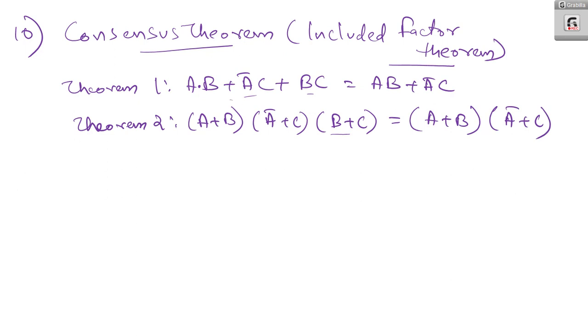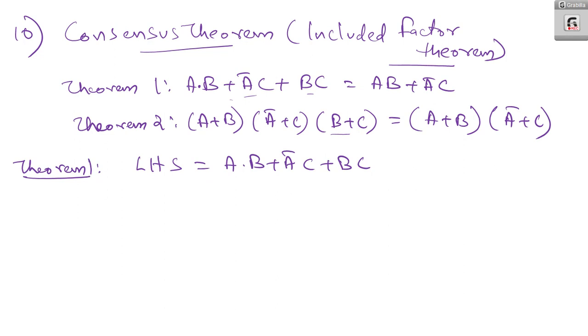Let us try to prove it using some laws which you have done till now. For theorem 1, I am not going with the truth table method, I am going with another method. In theorem 1, the left hand side is A and B or A bar C or BC.